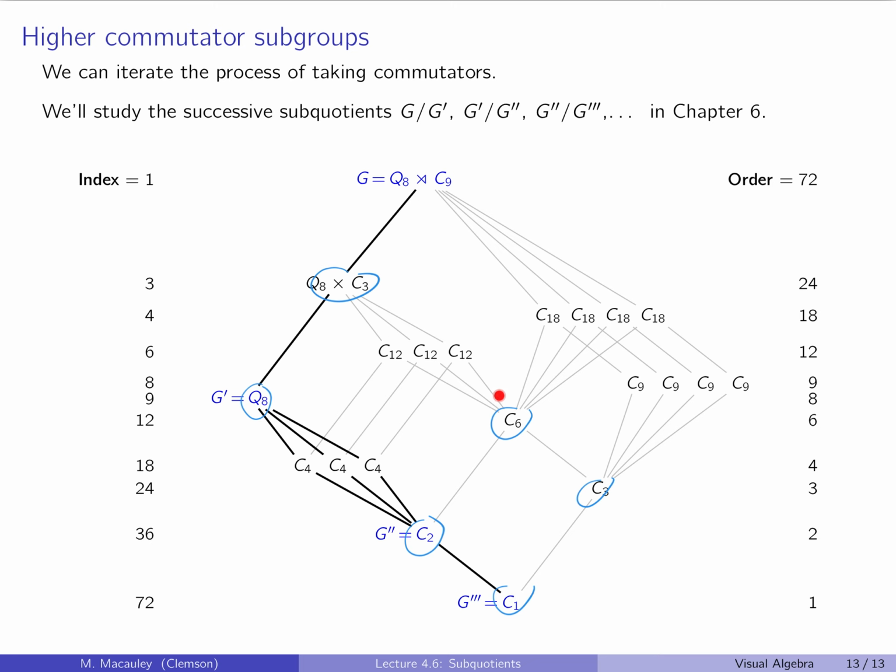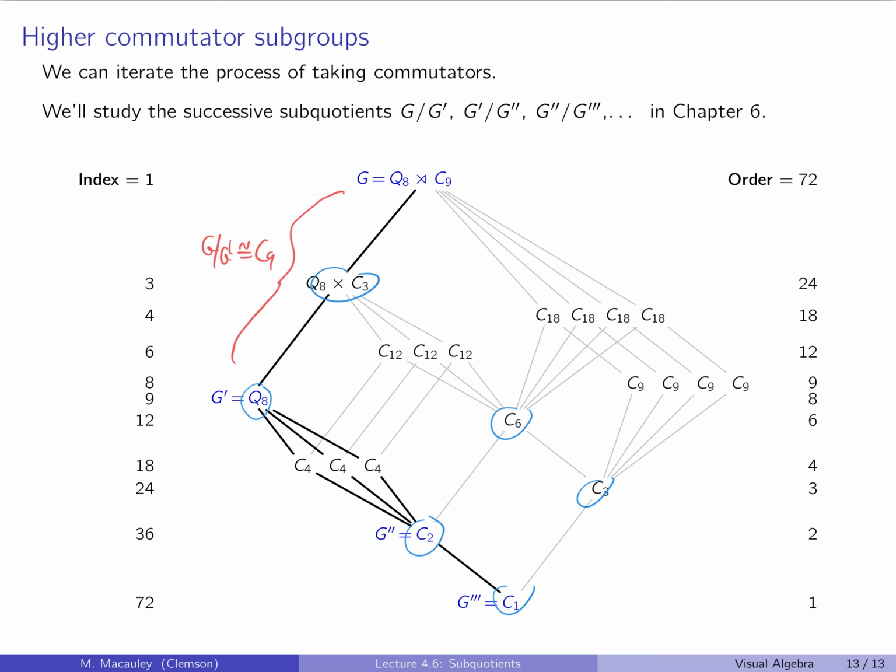That's A4. It's got index 12, so the quotient has order 12. Hopefully you can recognize this motif by now. So that's too far down. What about this? This quotient is C3, but this quotient is actually C9. So this is G mod G prime is isomorphic to C9.